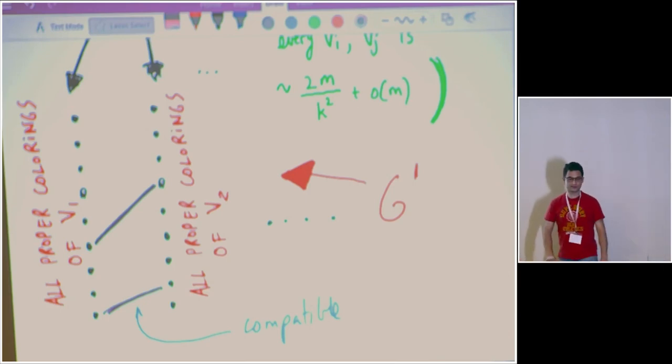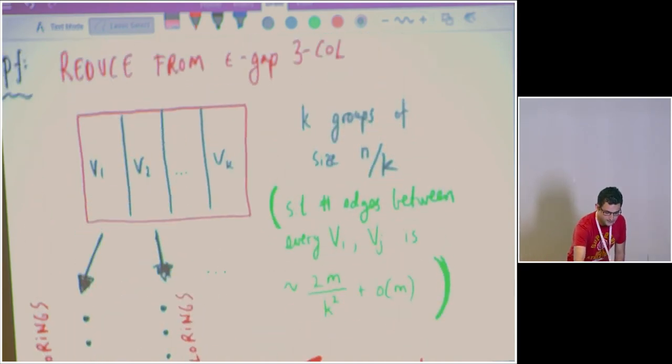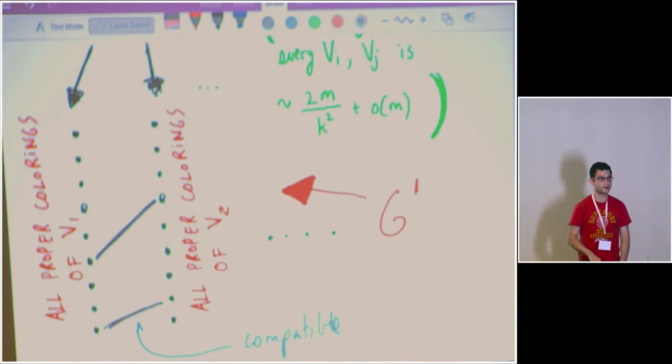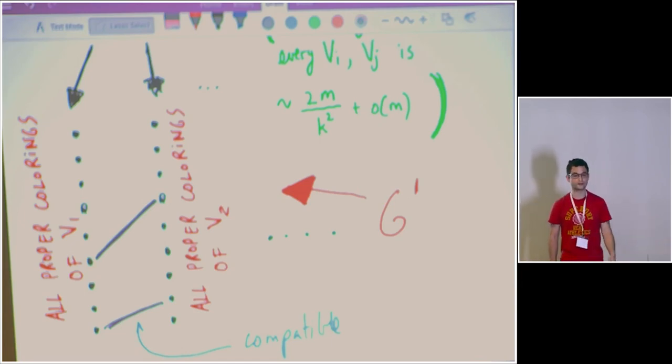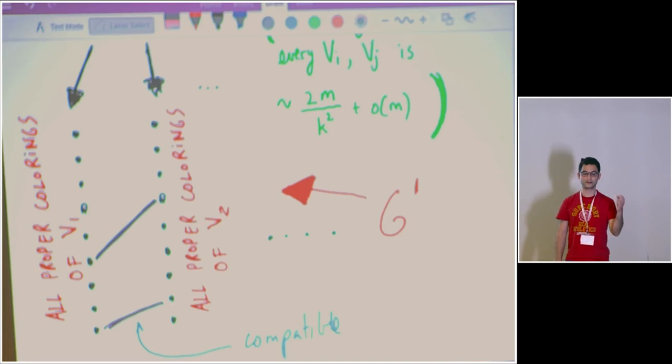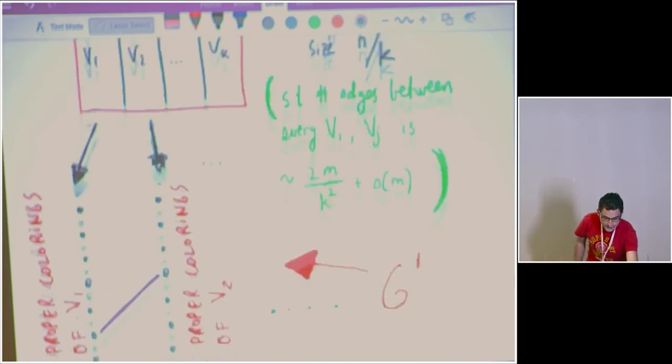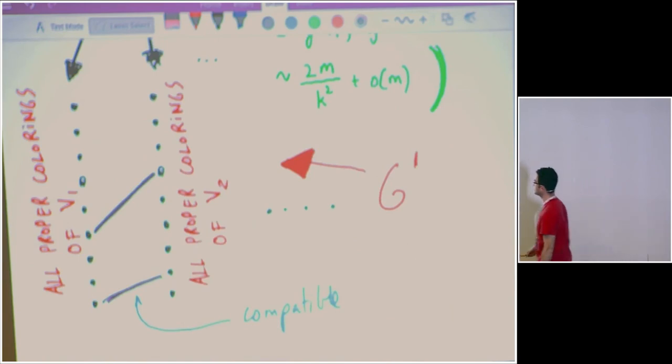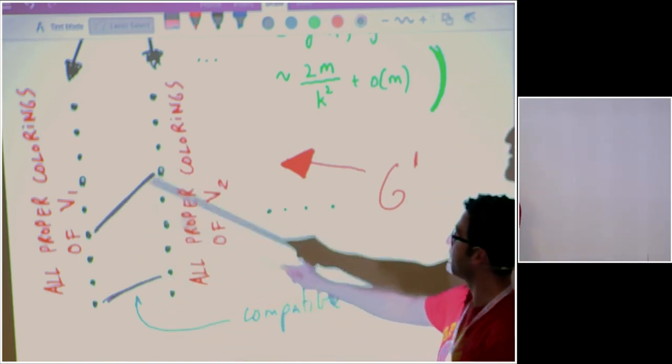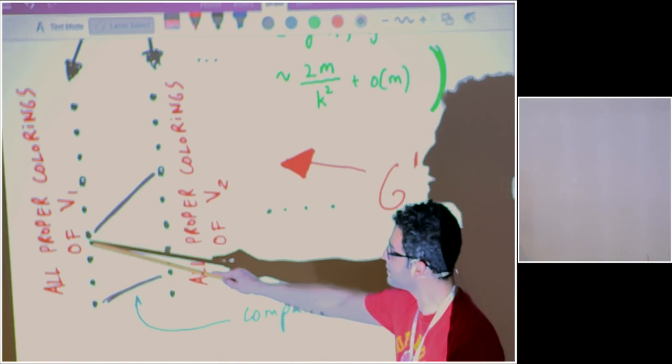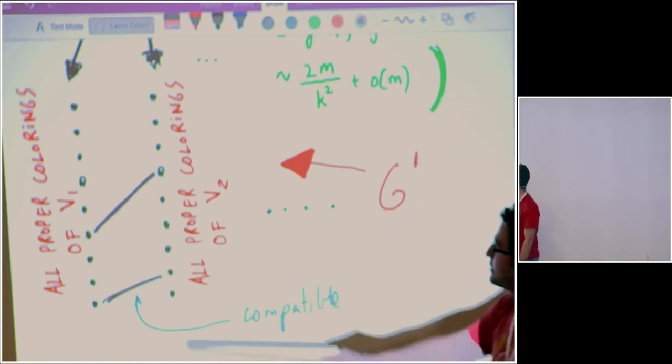So now what we're going to do is, for all of the proper colorings of G induced by the first part, I'm going to make a vertex. There's at most 3 to the power n over k of those. For all of the proper colorings of V2, I'm going to make a vertex. Again, 3 to the power n over k of those, and so on, for each of my k parts. And I'm going to put an edge between 2 vertices. This corresponds to a coloring of V1.